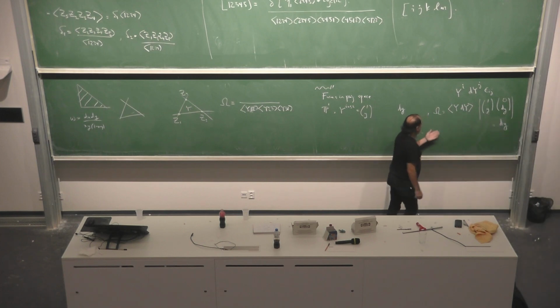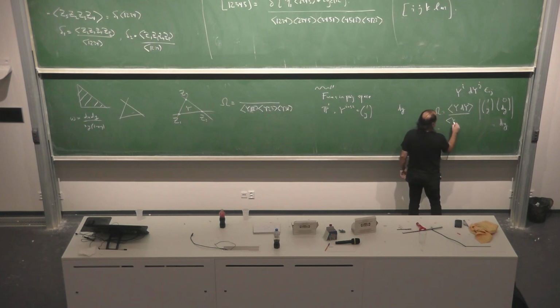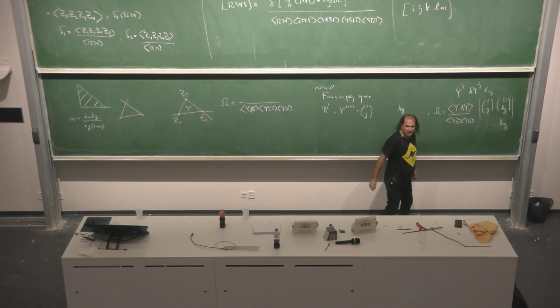But let's say I have a form, it has a y dy upstairs, but whatever I'm doing with it has to be invariant under rescaling y. So if I send y to ty, this goes like t squared upstairs. So in order for it to make sense, there has to be something with 2 y's downstairs. So for example, I can have 1 over (y a)(y b), where these are also 2-vectors.